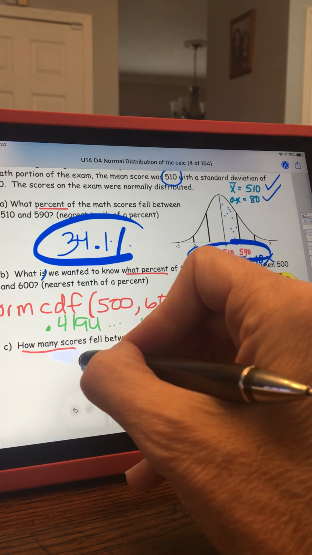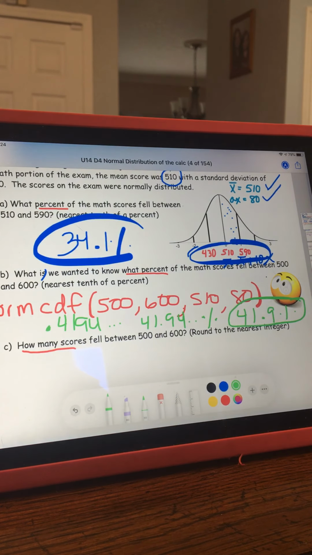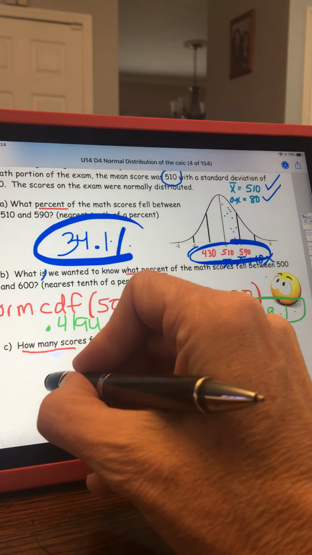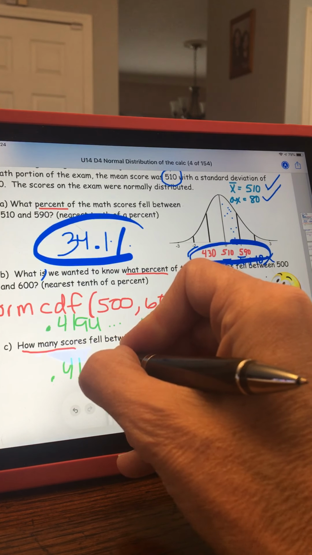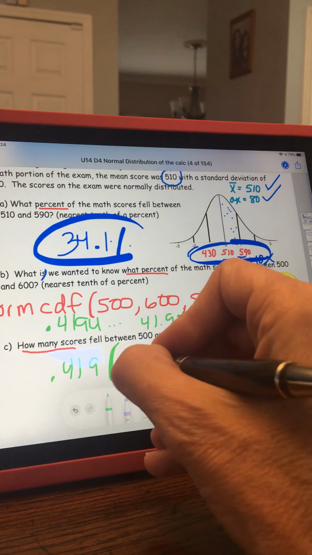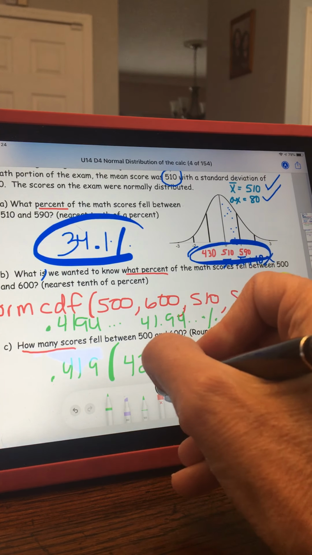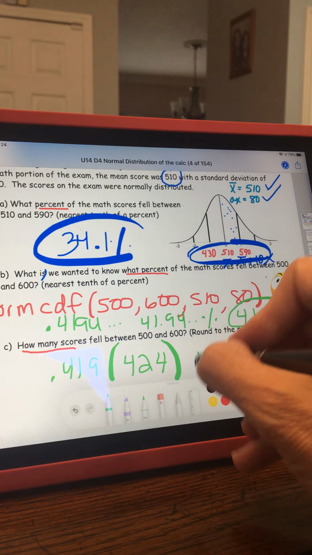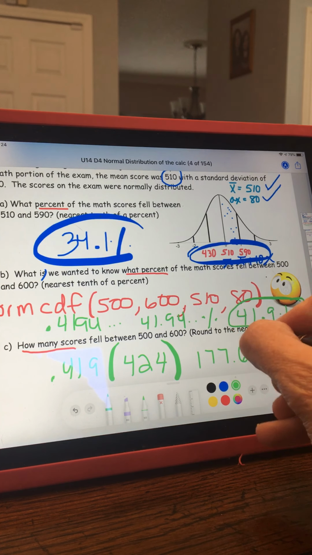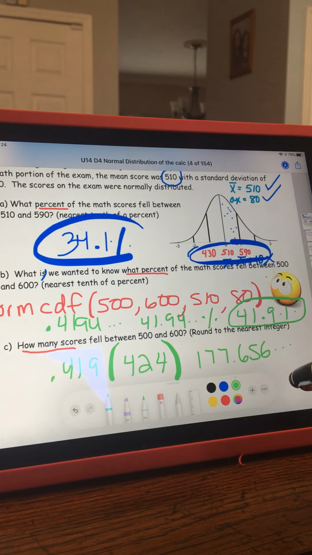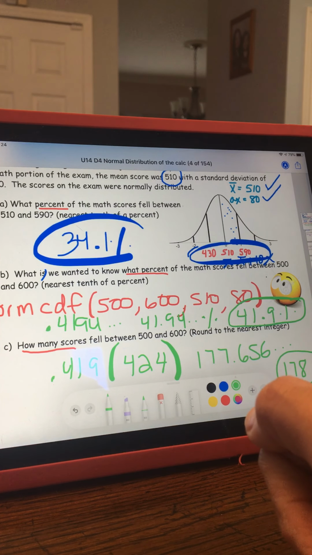So 0.419, right? And I'll multiply that by the total amount of kids, which was 424. And we wind up with 177.656. And they said to the nearest integer. So we'll get 178 kids. Alrighty.